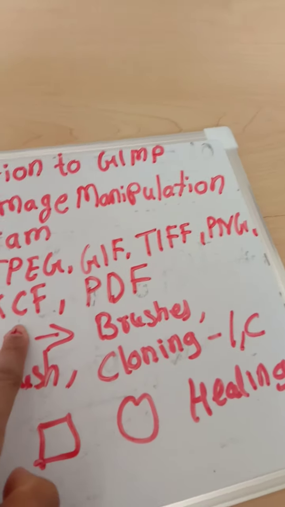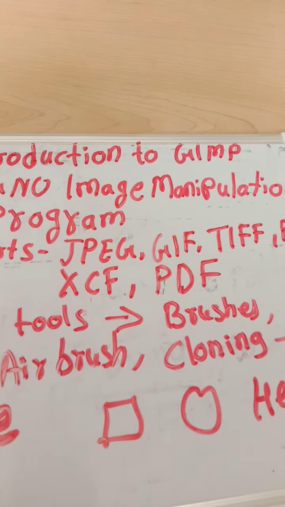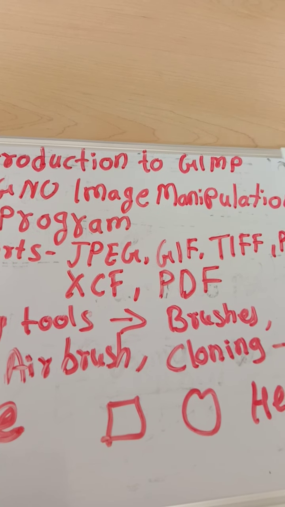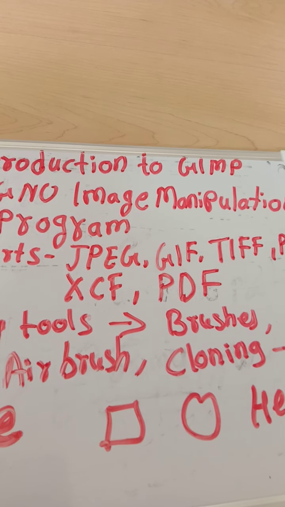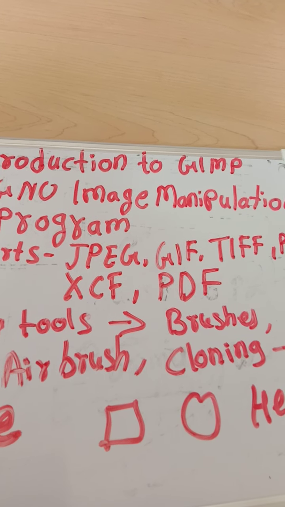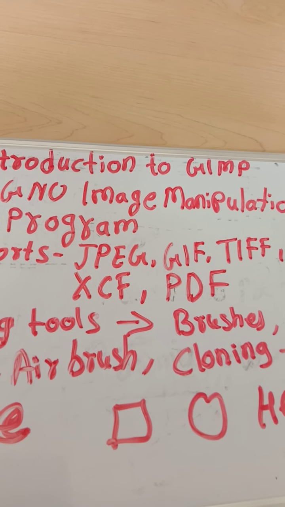XCF. What is XCF? XCF stands for Experimental Computing Facility. This is the default image format in GIMP. When an image file is saved in this format in GIMP, it is saved with all its properties and formatting features like paths, layers and channels.